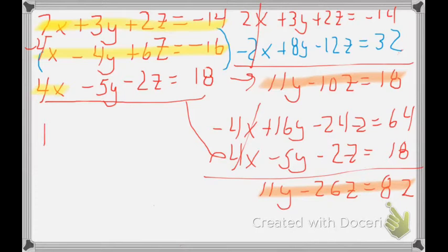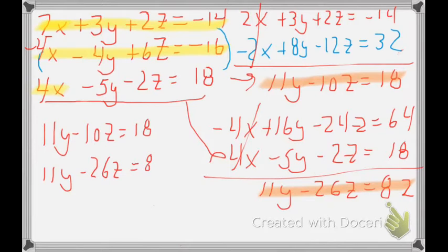So this becomes 11y minus 10z equals 18. And over here we have 11y minus 26z equals 82.